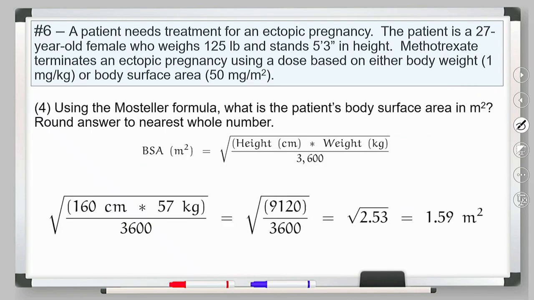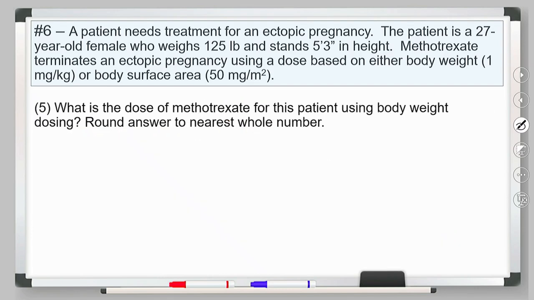I can calculate the BSA again by taking that height times that weight, doing my math carefully with my calculator and getting 1.59. Ooh, bad Larry again. So anyways, I should have shown 2 decimal places, it doesn't matter. You hopefully got 1.59 there. You would not want to round up that much. So that should have been 2 decimal places. All right, 1.59 is the BSA.